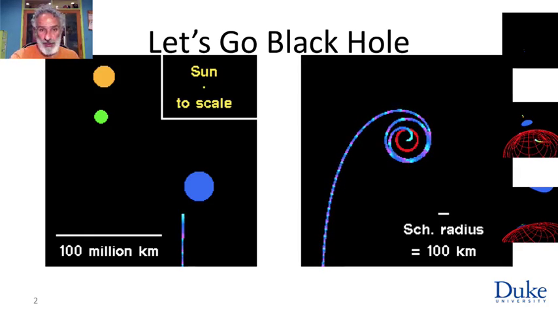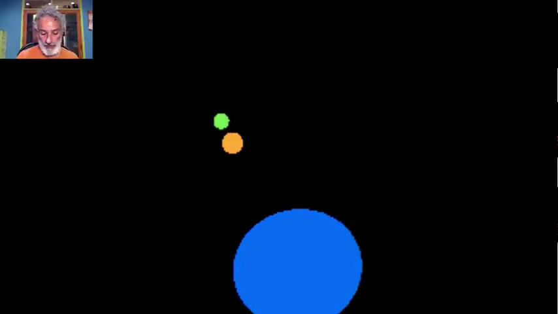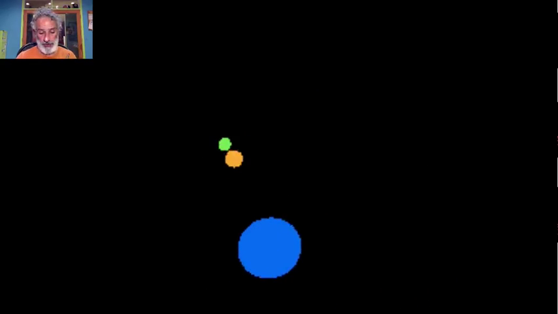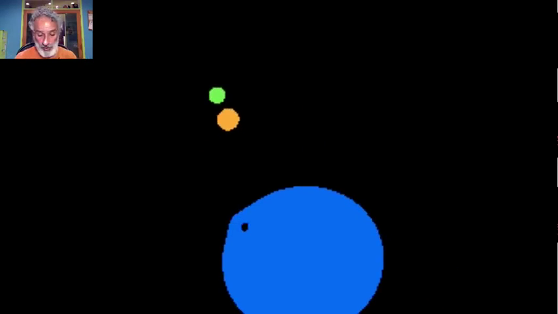But let's start by approaching the system from a distance and seeing what the effects are of coming close to a black hole. So I start the simulation, and we are falling from 100 million kilometers. As we approach at about 100 Schwarzschild radii, the lensing of the black hole produces what is called an Einstein ring, a donut-shaped image of the blue star, which is formed by light lensing and bending all around the black hole.